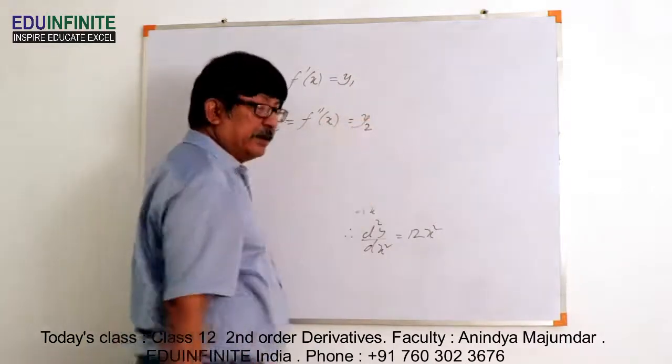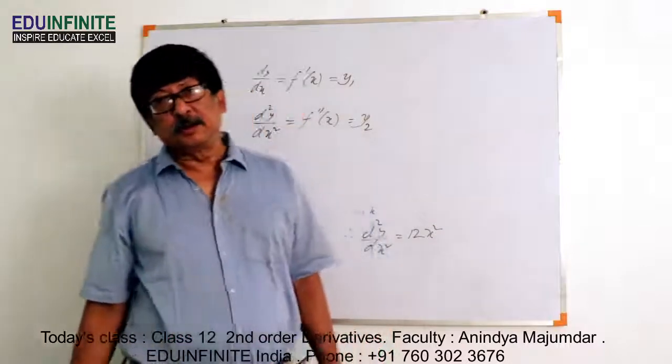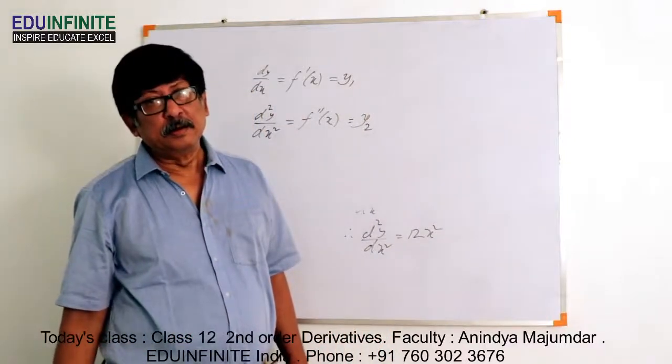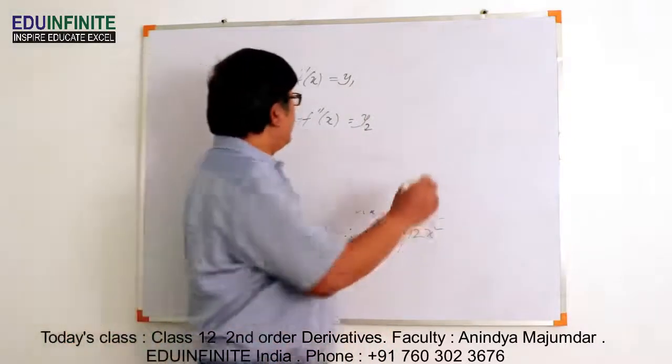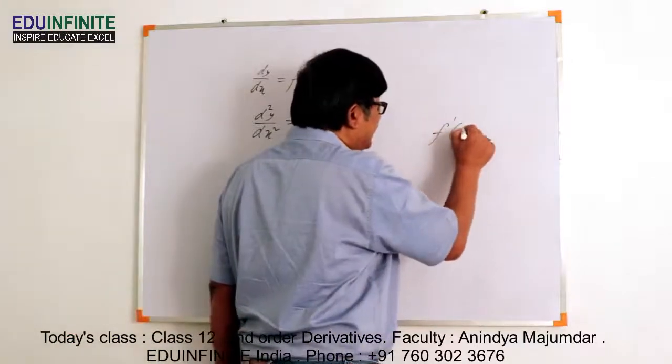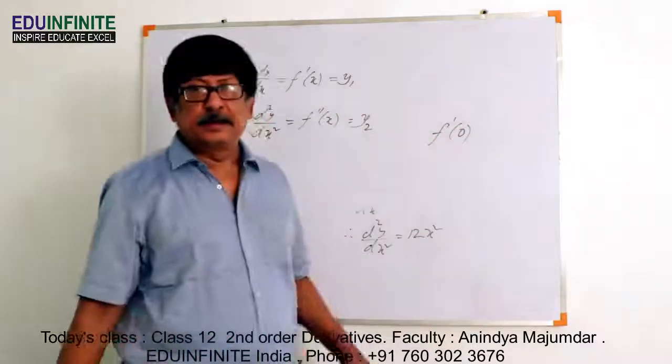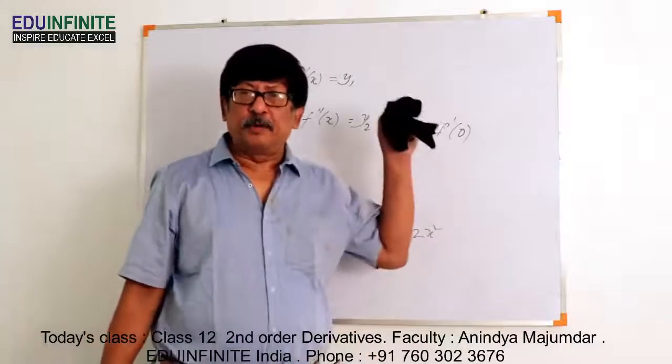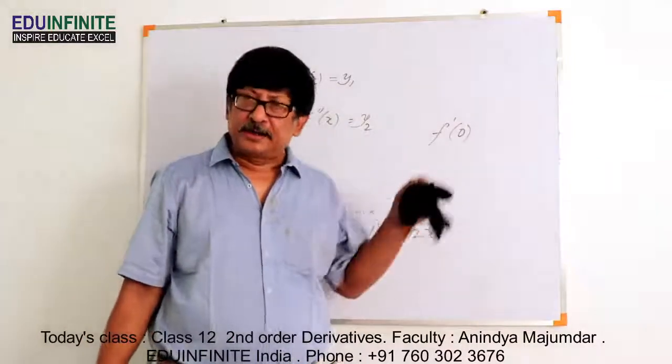It's all the same thing. And if you get f dash 0, it means the value of dy/dx when x is equal to 0.